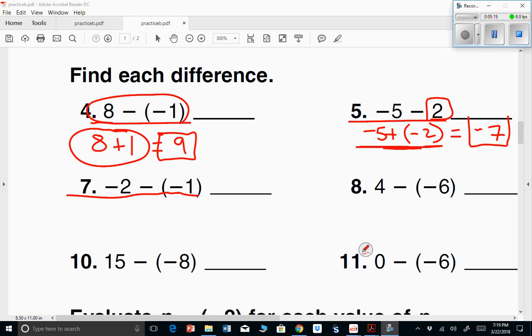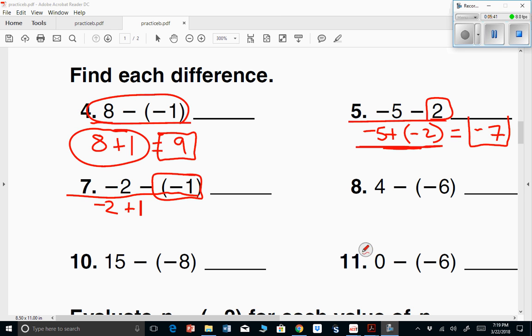All right, let's come on over here and do this one. We are subtracting with negative numbers, so we change it to an addition problem by copying the first number, -2, changing the minus to plus, and changing the sign of the second number. The second number is a -1, so we change it to a +1.